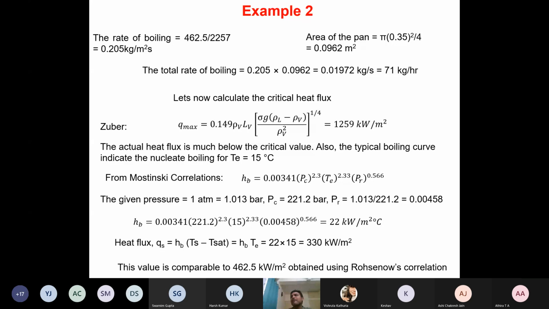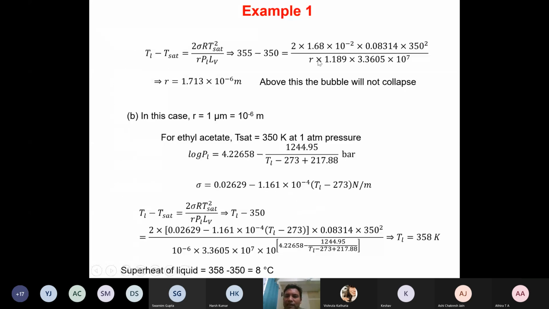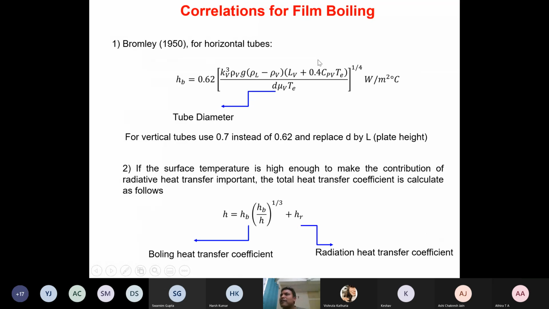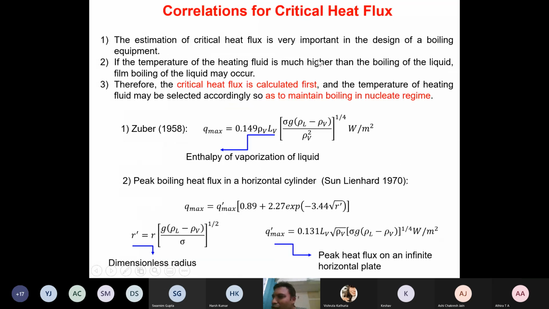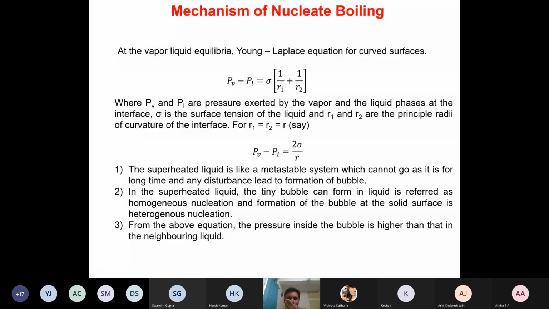Again, another validation here is that the excess temperature is 15 degrees Celsius. Remember what we said here. If you go back to the figure, we said that this point D corresponds to an excess temperature of nearly around 35 for water, isn't it?